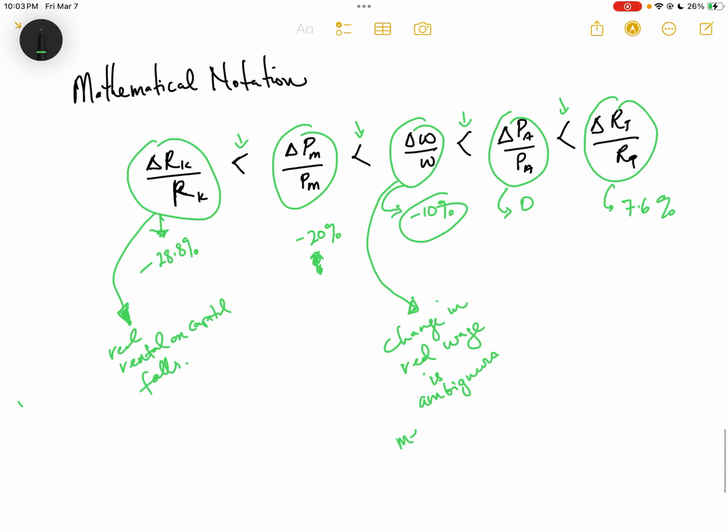Ambiguous meaning being better off or worse off depended on the good purchased.